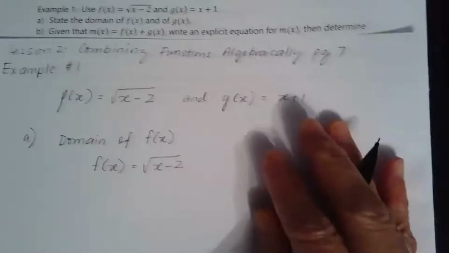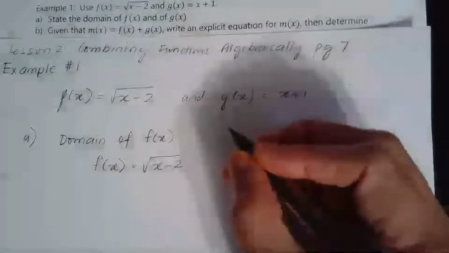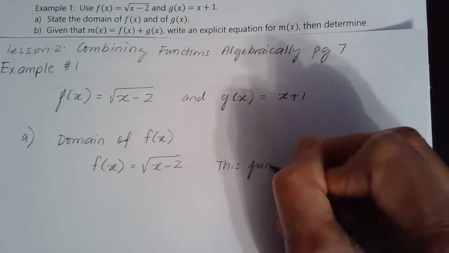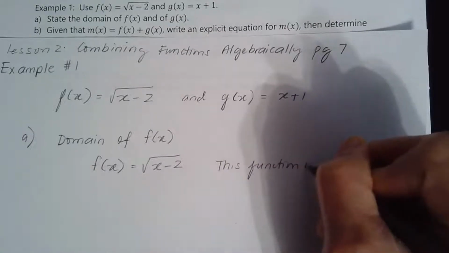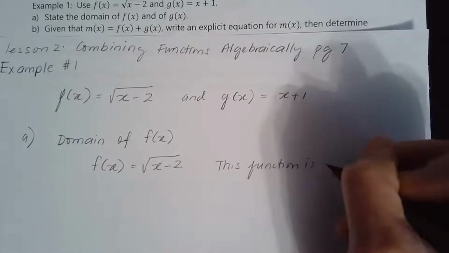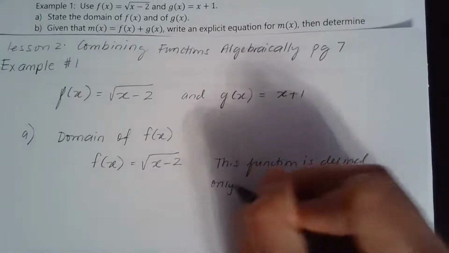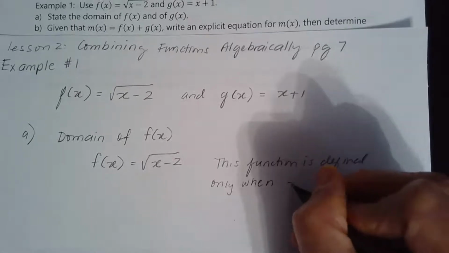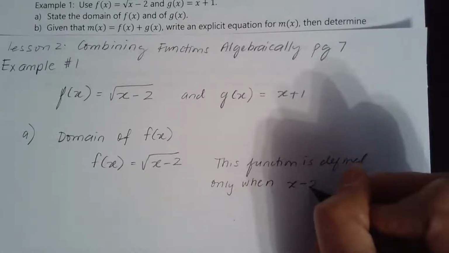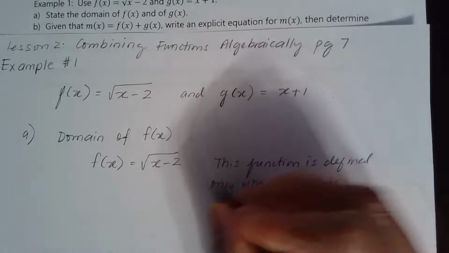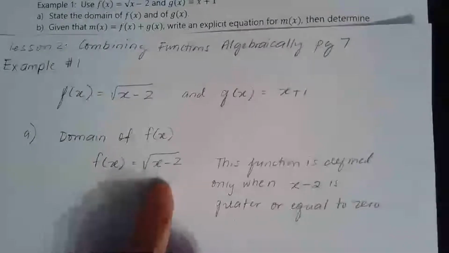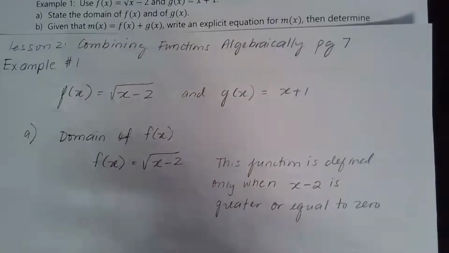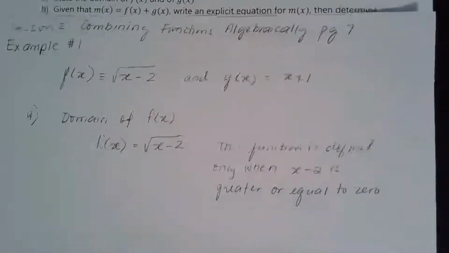This function is defined only when x minus 2 is non-negative, because we can't take the square root of a negative number. So let's figure that out.